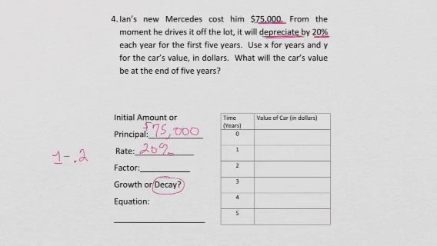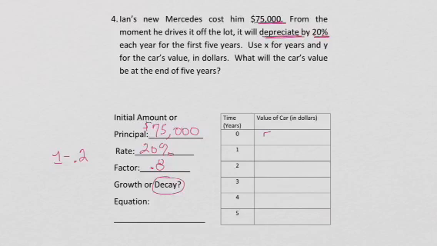So the factor then is going to be 0.8. Because you have 80% of the value of the car left each year. It depreciates by 20%, so each year the car's value is reduced by that 20%. So there's 80% of the car's value that remains.